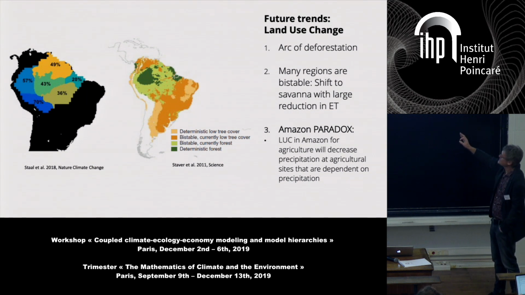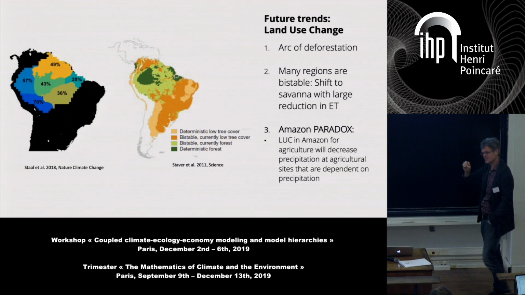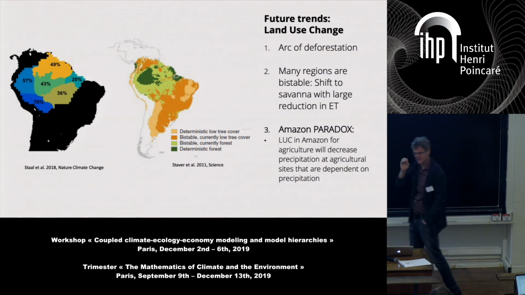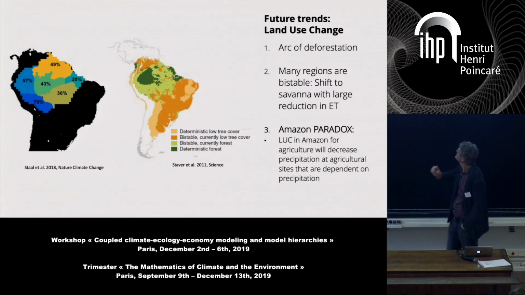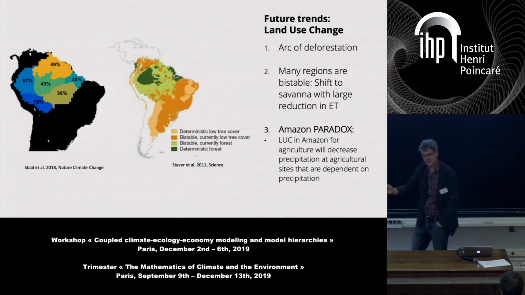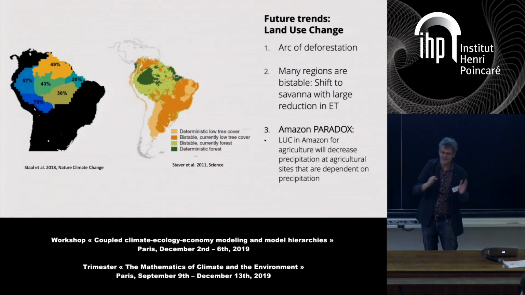But what we do see is that in a way only one part of the Amazon is currently forest and is also monostable. So it is only one possible stability in there. And then we have a large part which is currently forest, but can easily shift to a savanna system. So it is in this bistable zone.